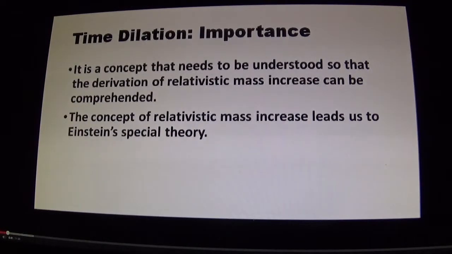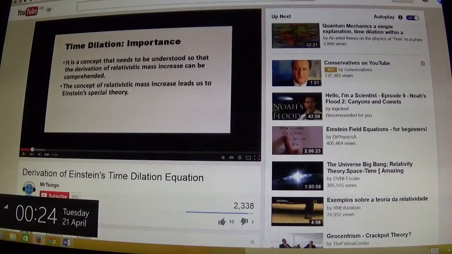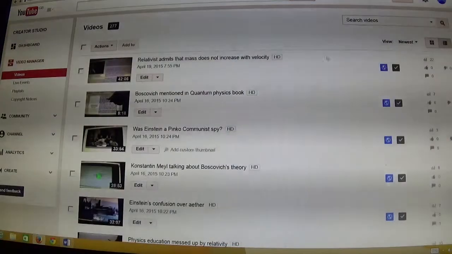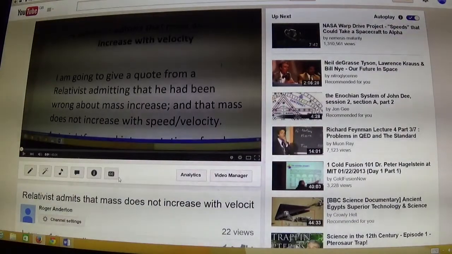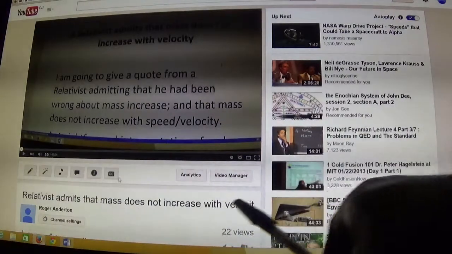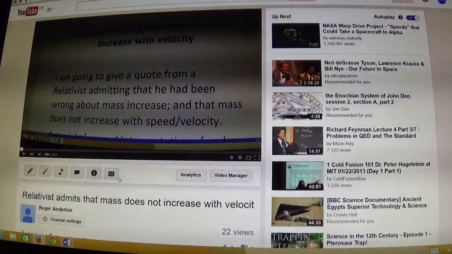So, hold on a minute here. We're talking about relativistic mass increase, and in my video here I've dealt with it. This one here, a relativist admits that mass does not increase with velocity, and when you actually look at the idea of mass increase with velocity, it leads to all sorts of problems.